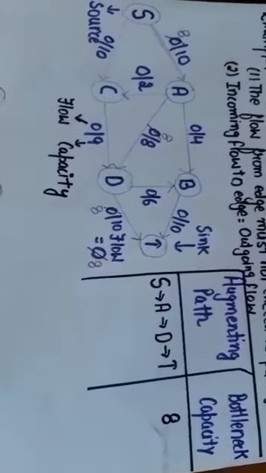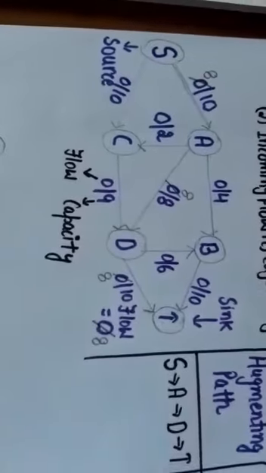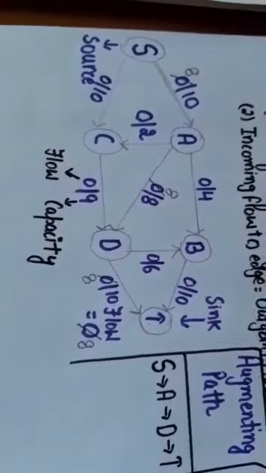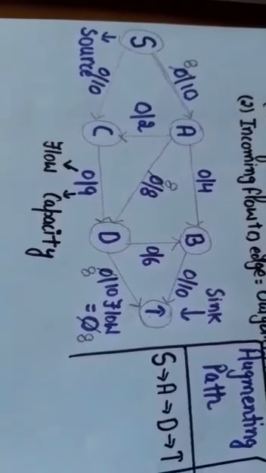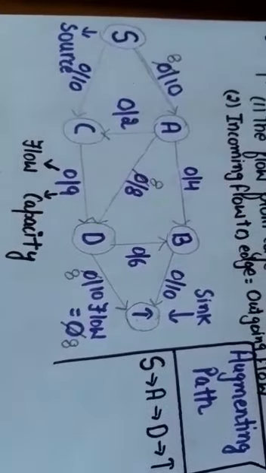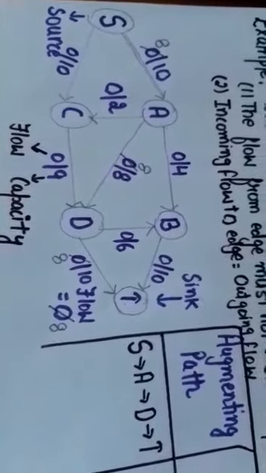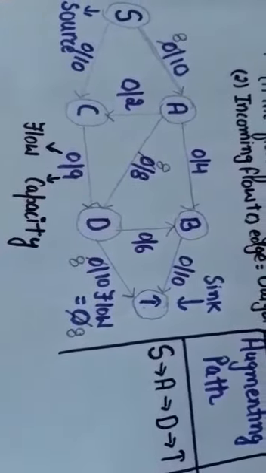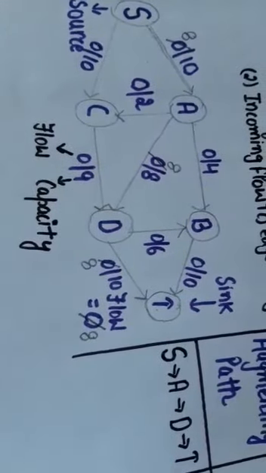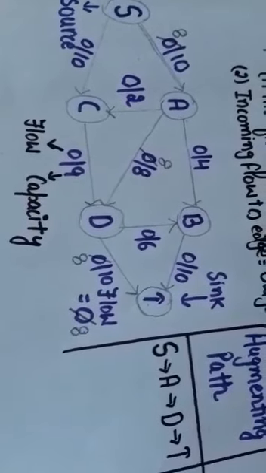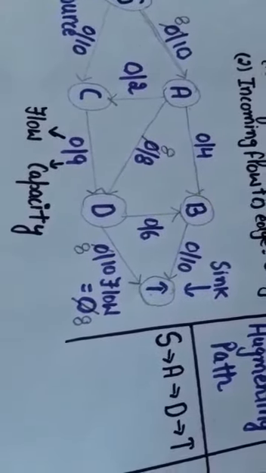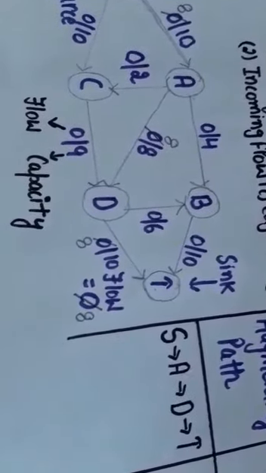So if I consider this path, then I calculate the bottleneck capacity as: SA is having a capacity of 10, AD is having a capacity of 8, meaning AD cannot carry more than 8 units of flow. So it means the incoming flow to the vertex A from S must be 8 also, because AD is having capacity 8, right?